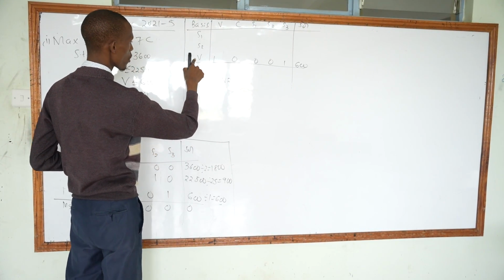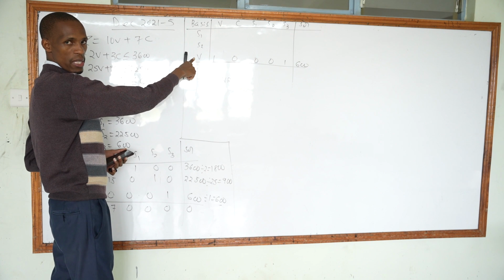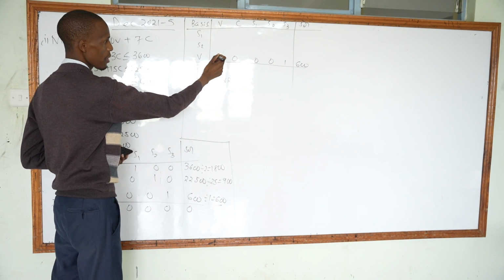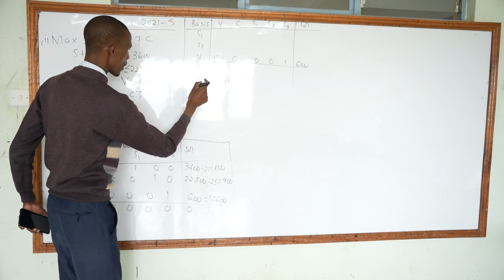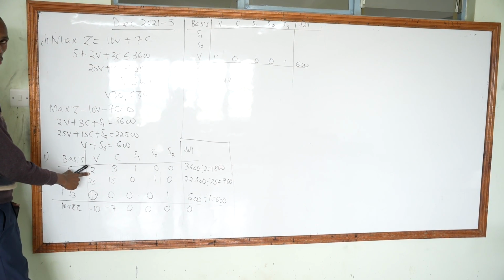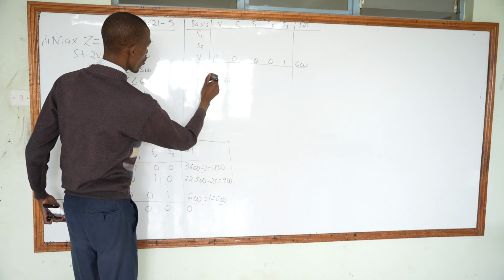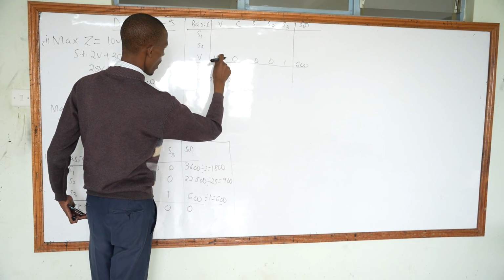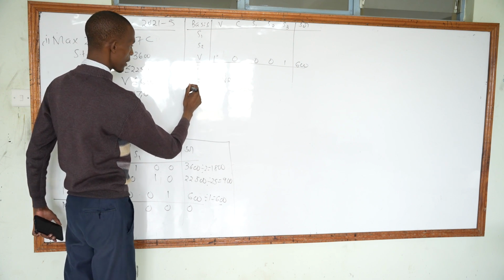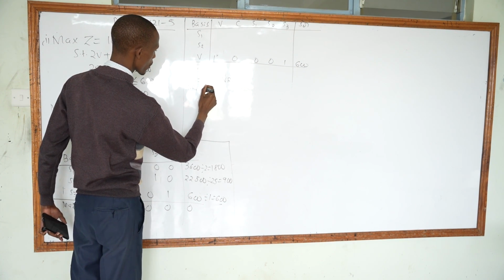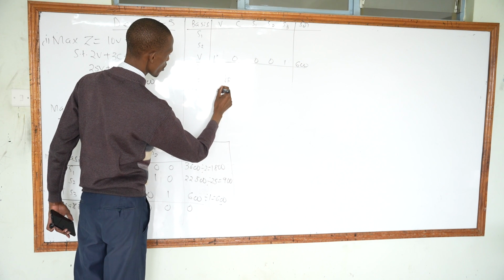Why new row 3? Because this is the pivot row, and we can see this value is 1. Higher. Old row 1 was 2, and we want this to become 0. So it will be 2, and this is 1. The new row 3 is 1. How are we going to make this 0? It means new row 1 equals old row 1 minus 2 times new row 3.